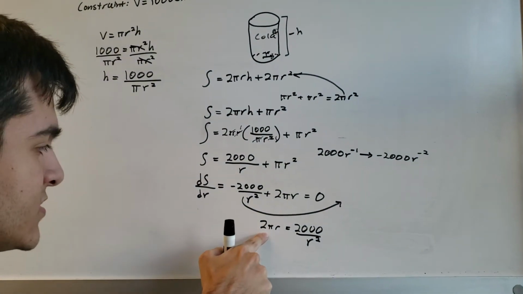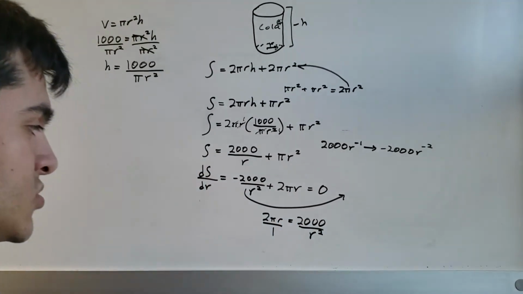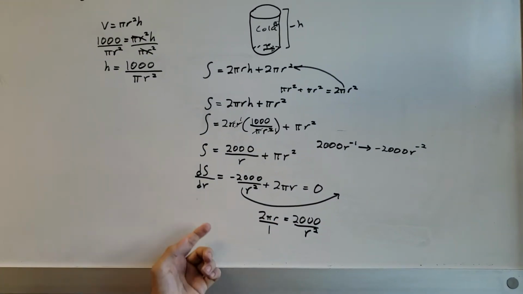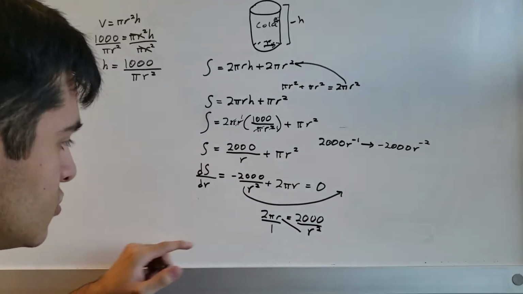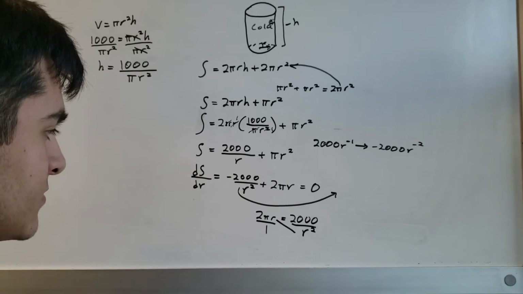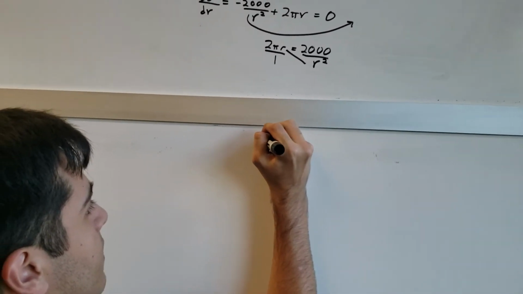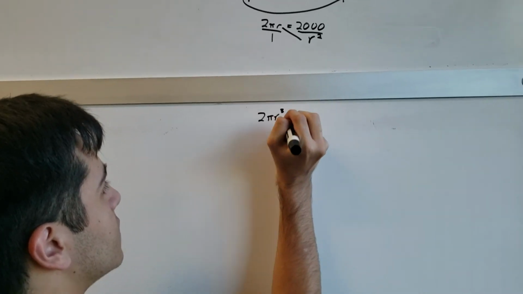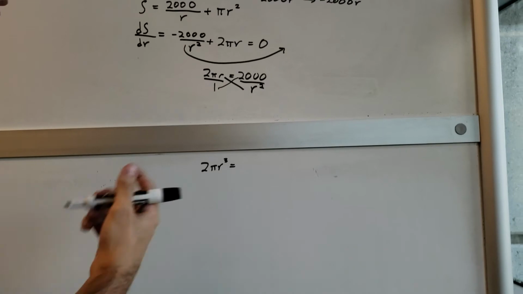Now let me write this as 2 pi r over 1. If you have two fractions that equal each other, you can cross multiply. So 2 pi r times r squared is 2 pi r cubed, and then 2,000 times 1 is 2,000.